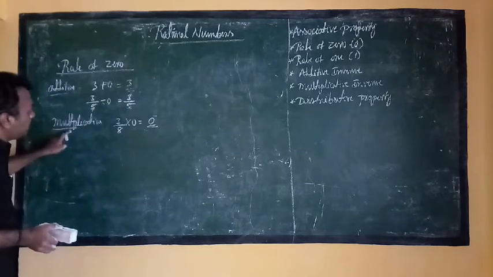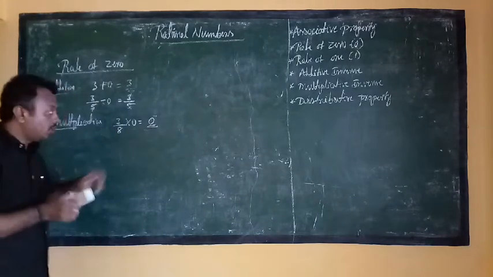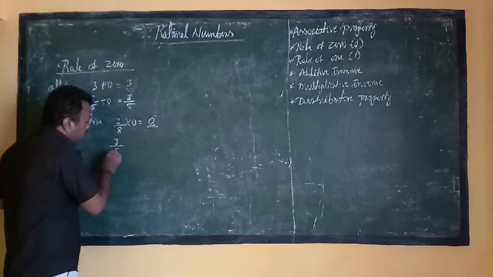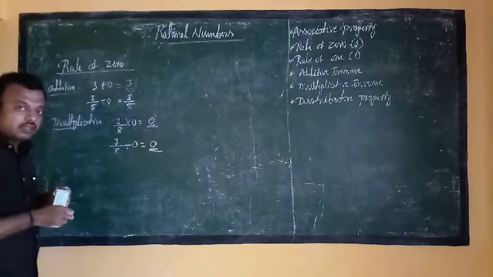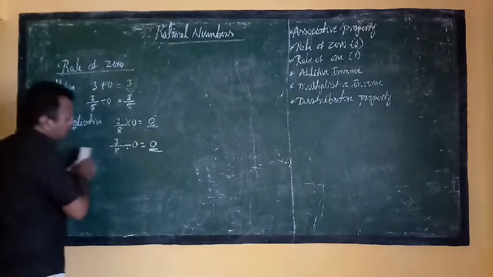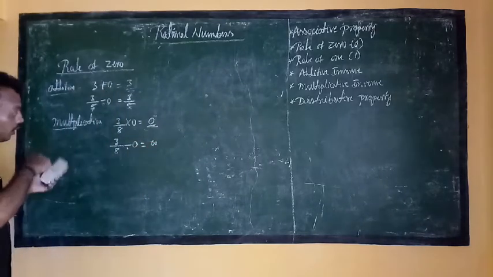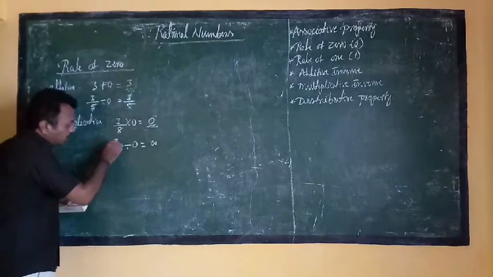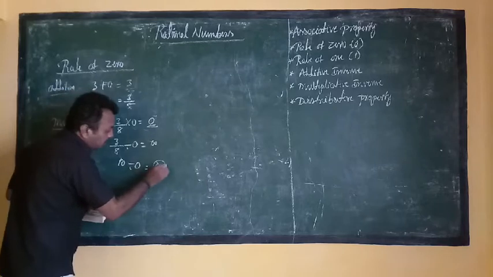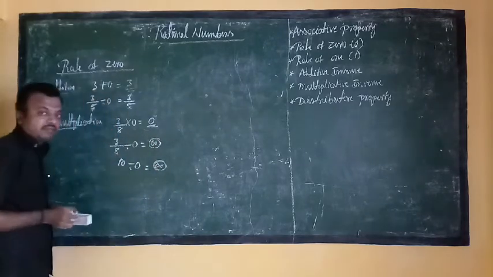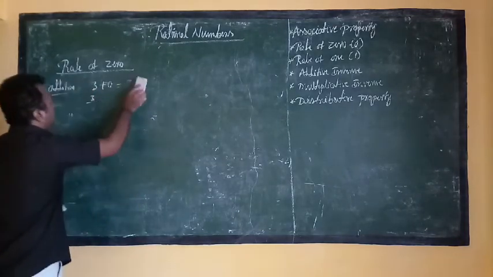But if you multiply, the result becomes 0. But 3 by 8 divided by 0 is not 0, it is infinity. Anything by 0 is infinity. 0 by anything is 0. See students, 3 by 8 divided by 0, 10 divided by 0, it becomes infinity. This is the symbol of infinity. Got it? Yes. Next, role of 1.